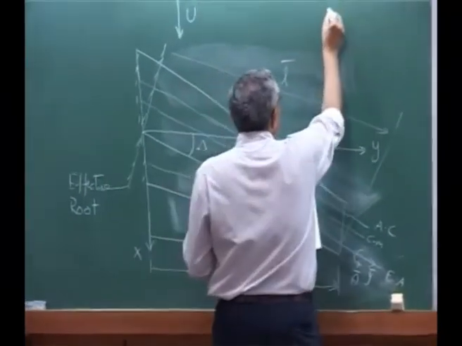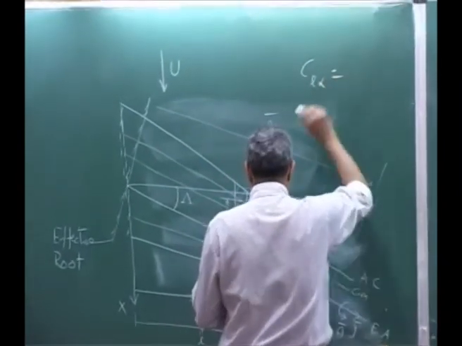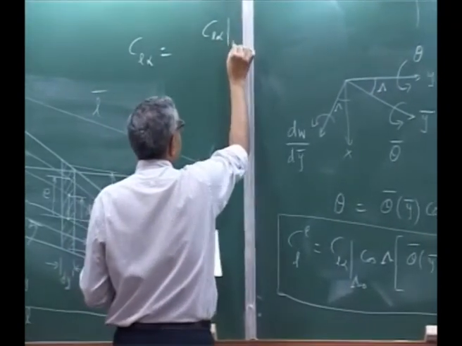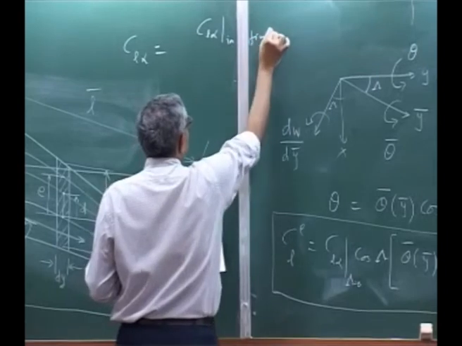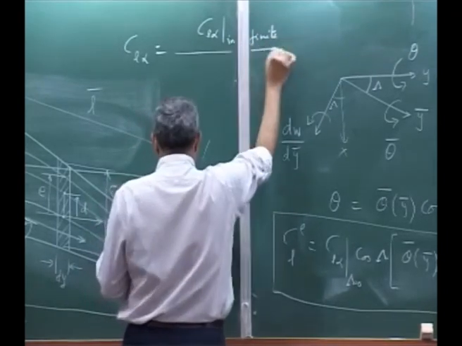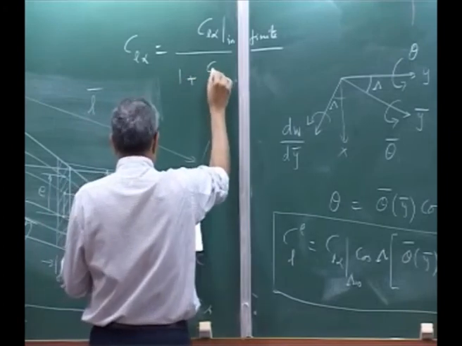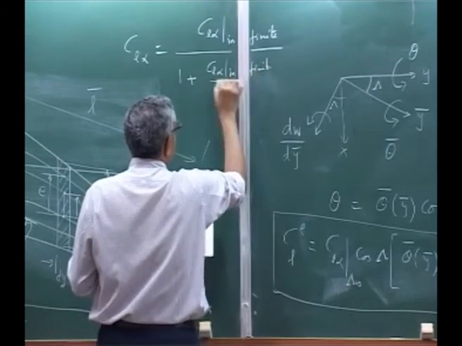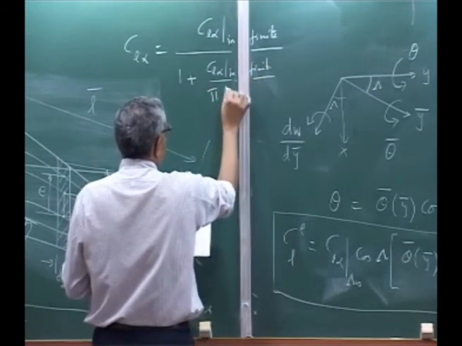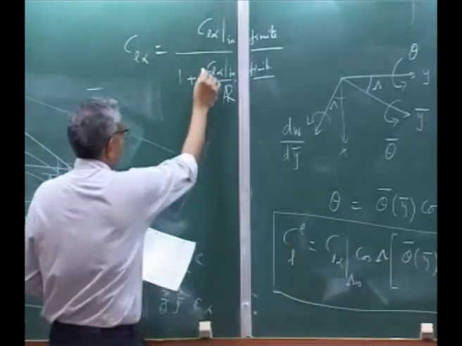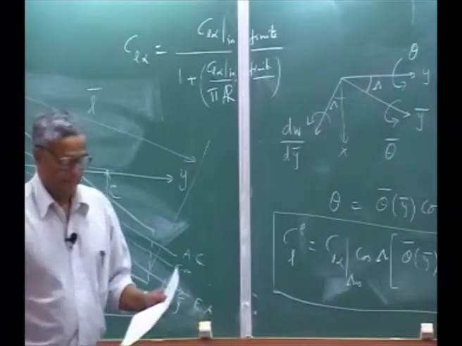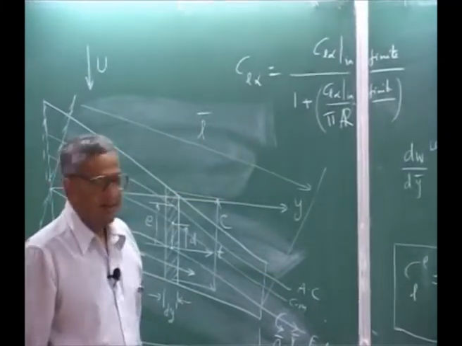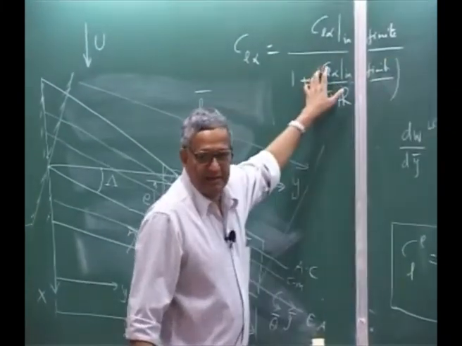For the wing, you always write C_L alpha becomes C_L alpha for infinite wing divided by 1 plus C_L alpha infinite by pi into aspect ratio. This is for an elliptic lift distribution. Otherwise we'll put an e there; otherwise you will put 1 plus tau over 1 e, the correction factor.